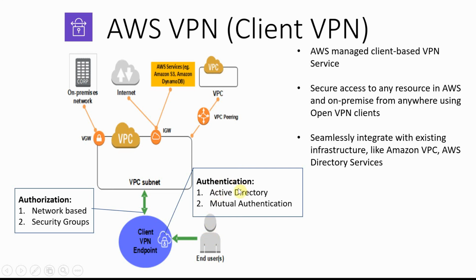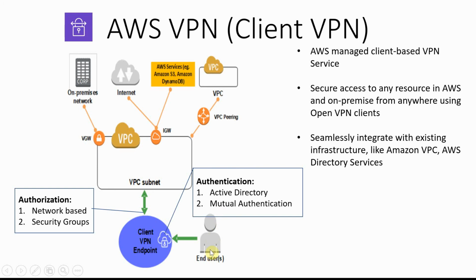Generally the authentication is done through Active Directory or other mutual authentication software, and AWS supports most of the popular Active Directory equivalents. Every organization will have different authentication mechanisms, but most of them are supported by AWS, so that shouldn't be a problem.